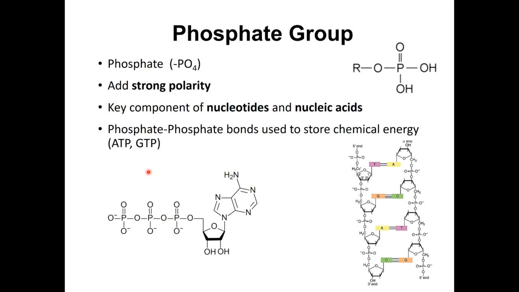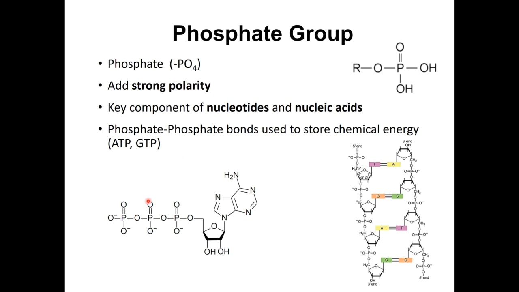Now, the phosphate groups are also used to store energy when joined together in nucleotides, particularly in ATP and GTP. These phosphate groups joined here store a lot of energy in these bonds. This energy is released by hydrolyzing them.